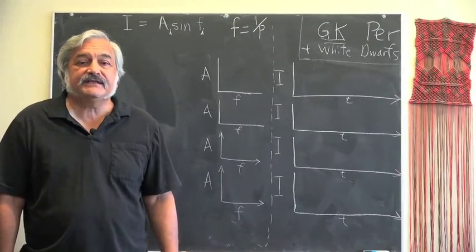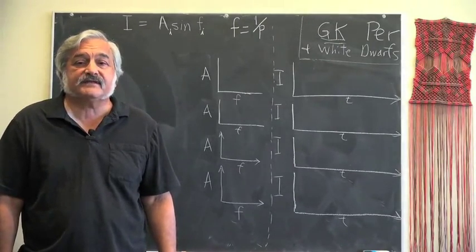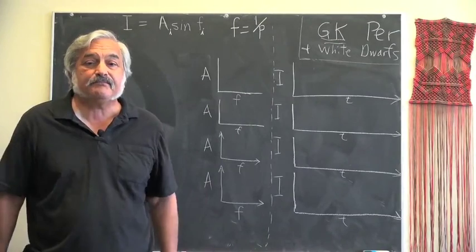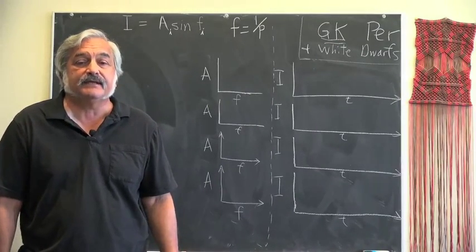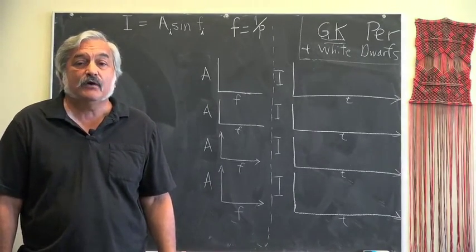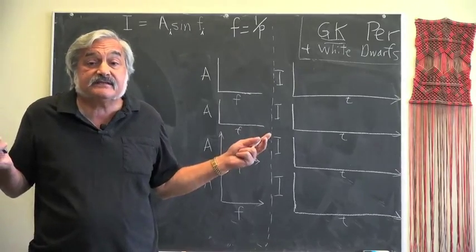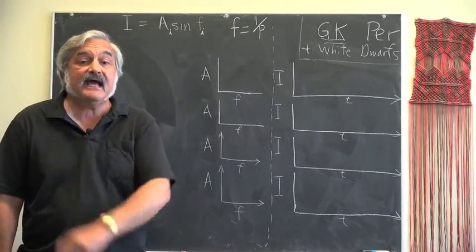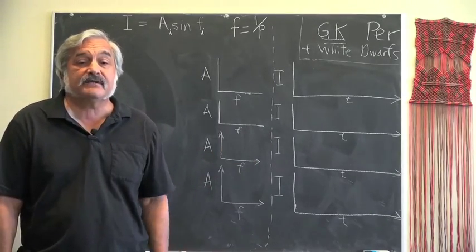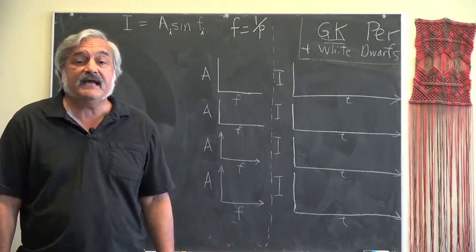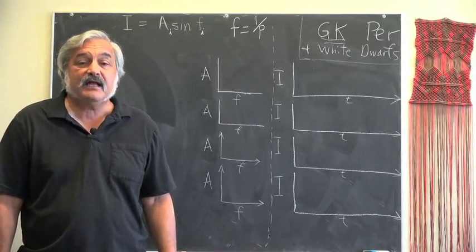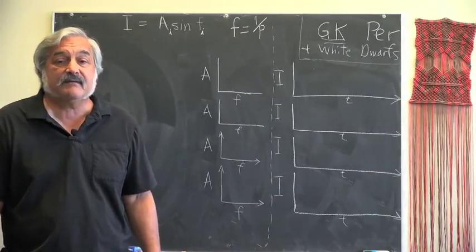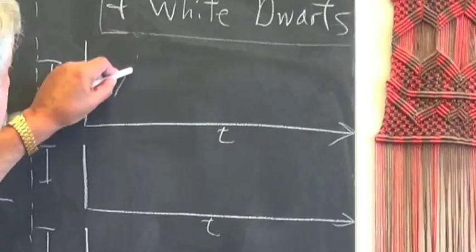You can imagine that it would become quite tedious to figure out by hand what the period of variability of an object might be, or indeed whether it even exists at all. But let's see how mathematics can come to our rescue. First, imagine a light curve, which is a plot of intensity versus time that looks like this.